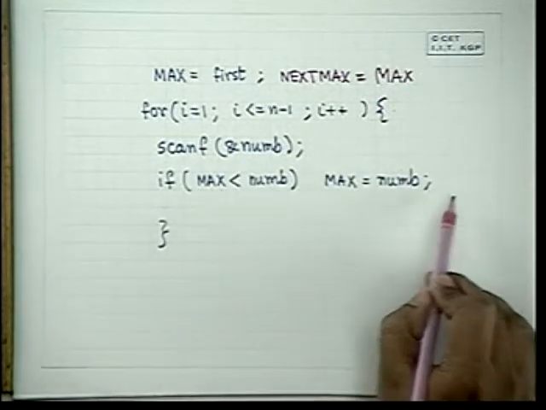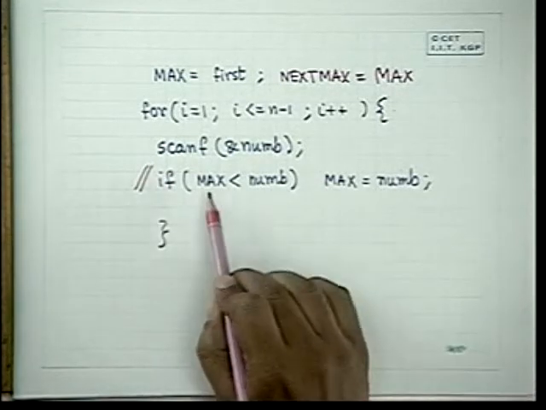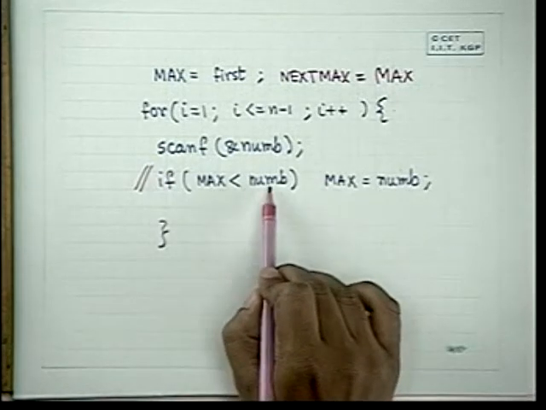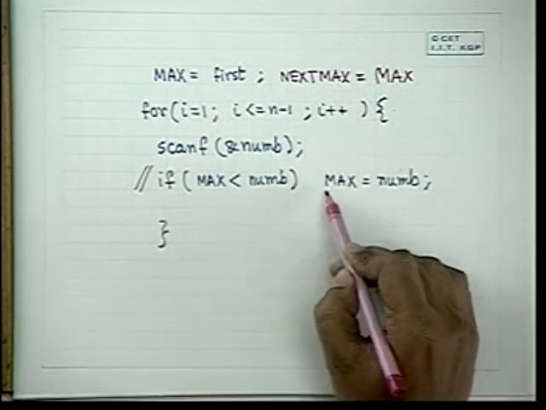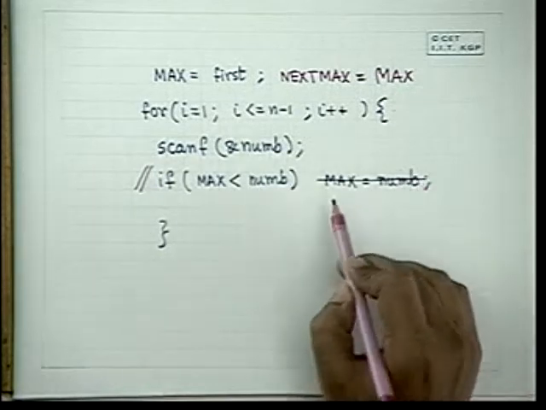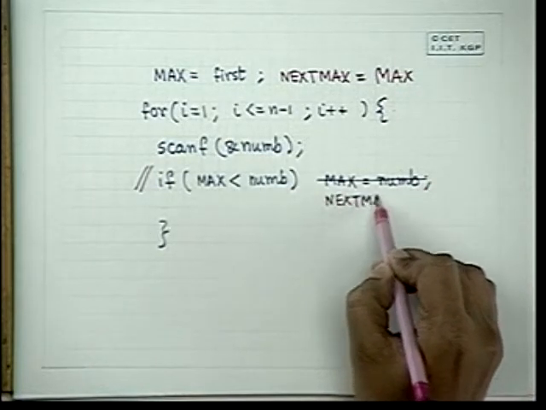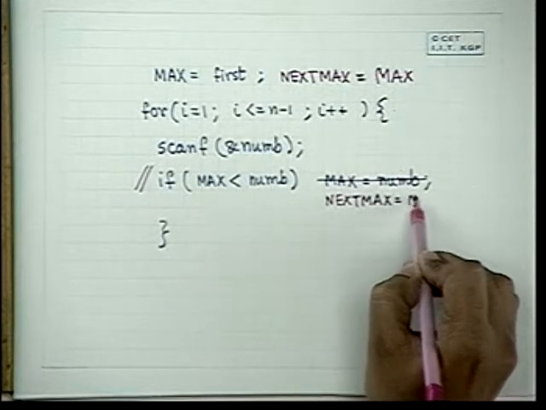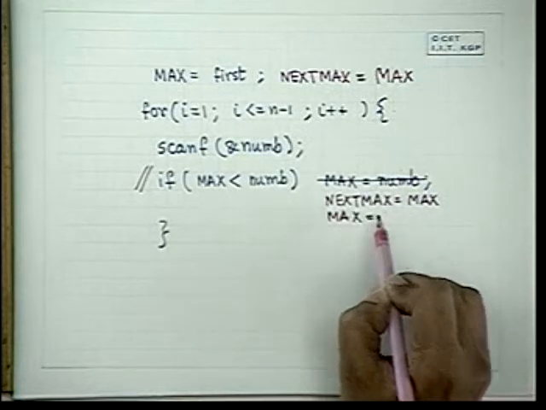And here, this comparison, if max is less than num, then this is not the only thing that you do. Instead of this, what you do is you first make next max equal to max, and then you make max equal to num.